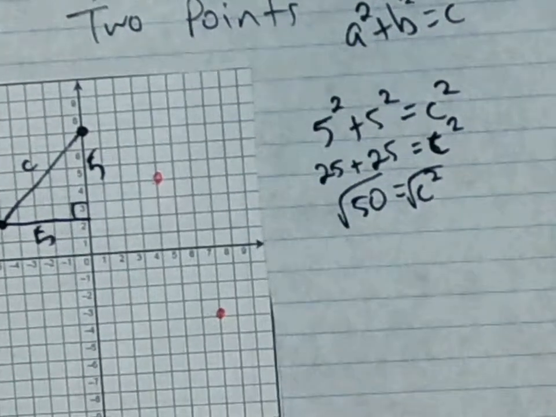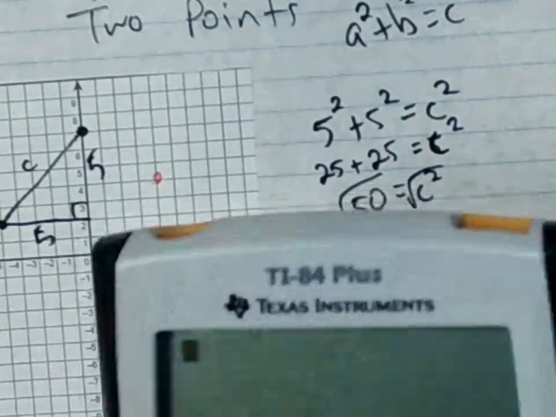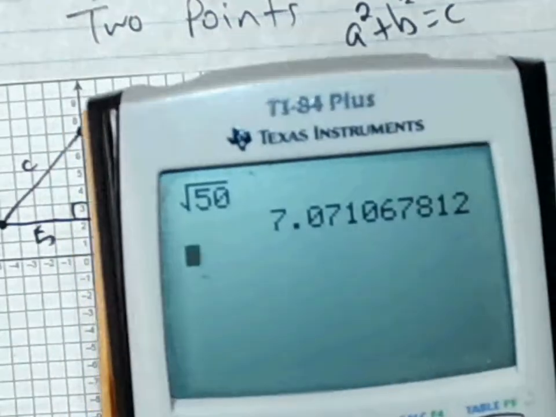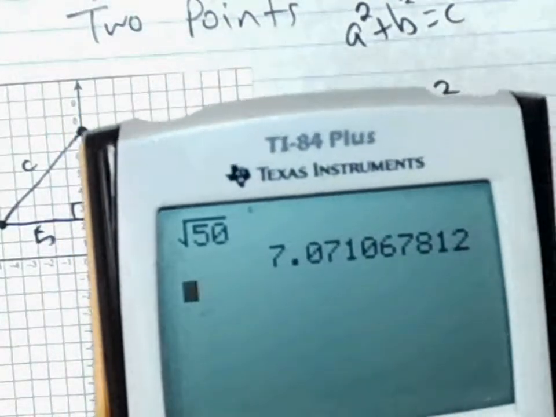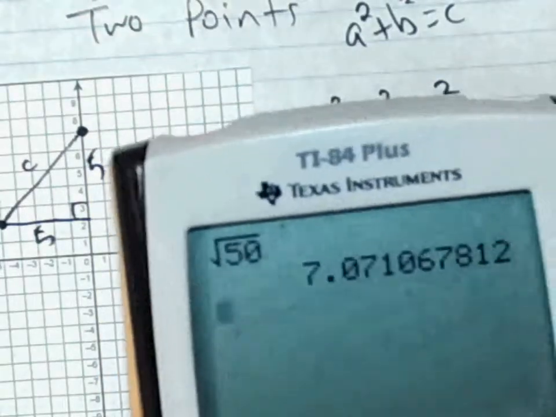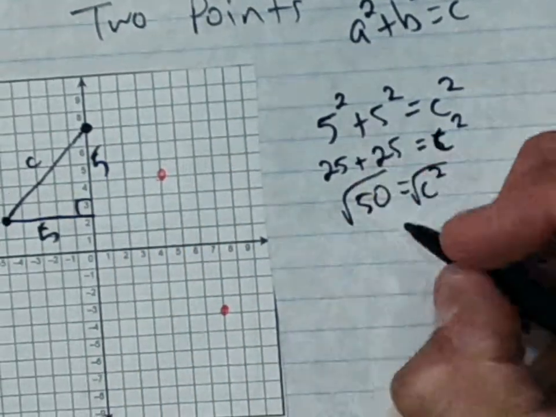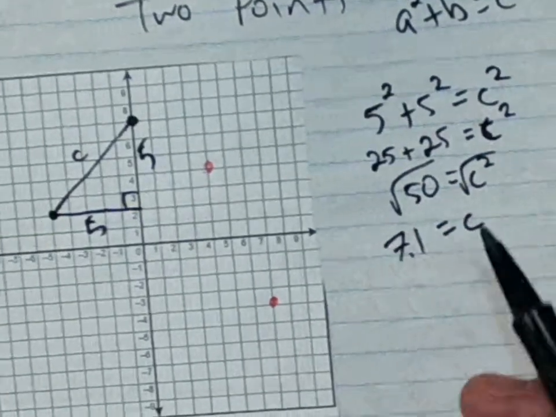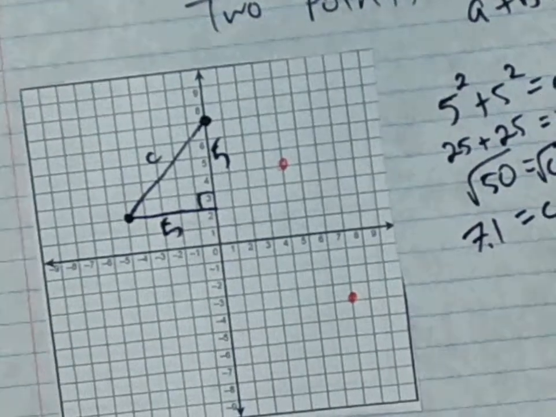I'm going to use my calculator on this one. Square root of 50. That comes out to 7 and a lot of decimals. Let's round to the nearest tenth, which is our first decimal. So let's round that to 7.1 or 7 1/10. So that'll be the distance between these 2 points, 7 1/10.